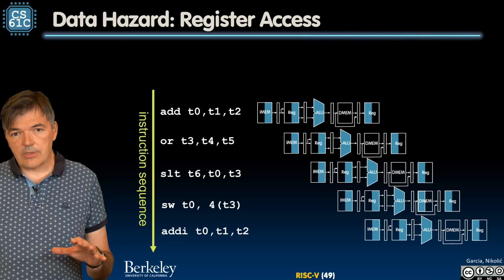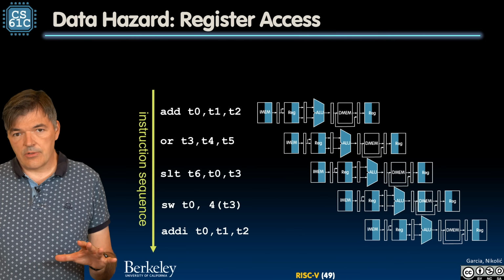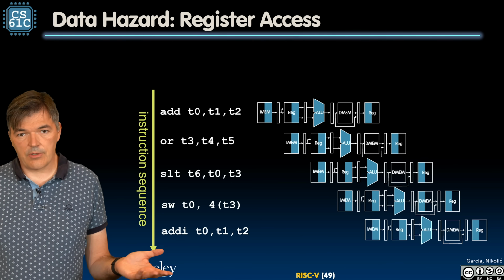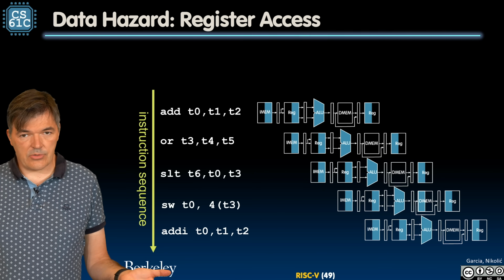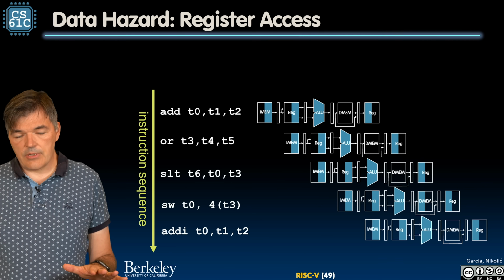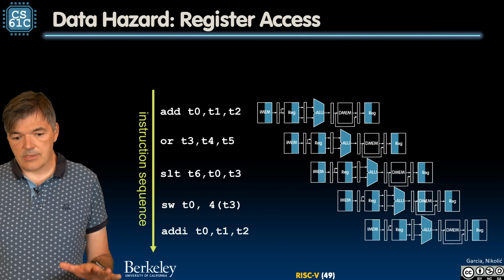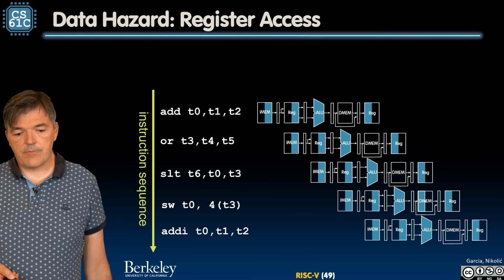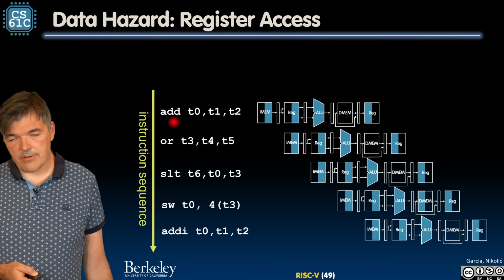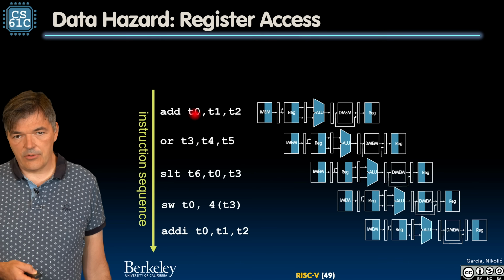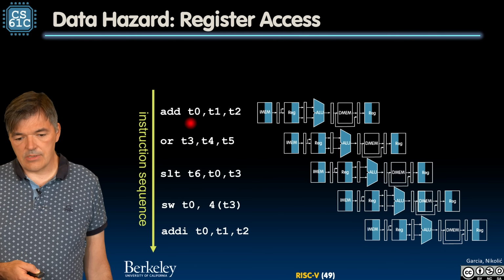So we have talked about a structural hazard of having to address the memory for both instructions and data. There is a hazard also that affects the register file access. There may be instructions like this one, add, or there are definitely instructions like the add that writes the value into the register T0.